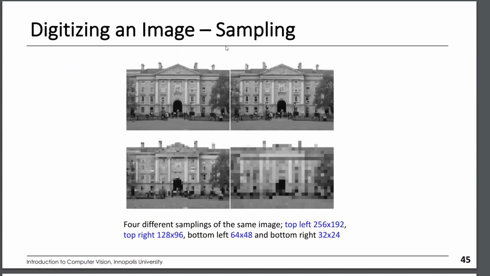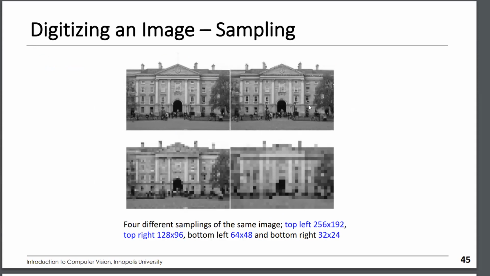We spoke about the sampling rate. The sampling rate, for example in this case, is 265 by 192. It's the dimensionality of the image, or how good the quality of the image is. So it controls, for example, the clarity of the image. Here we have a lot of pixels in the vertical axis and a lot of pixels in the horizontal axis.